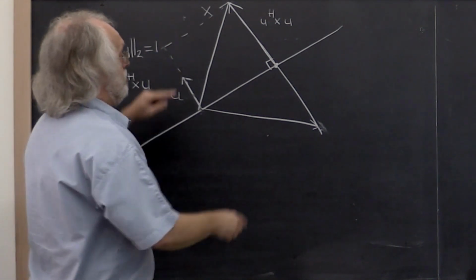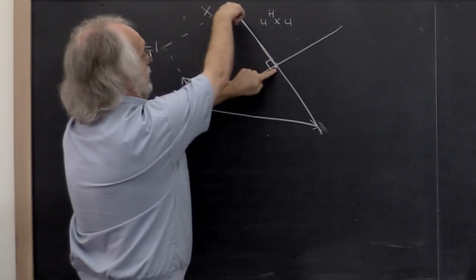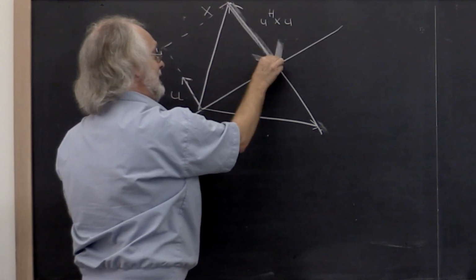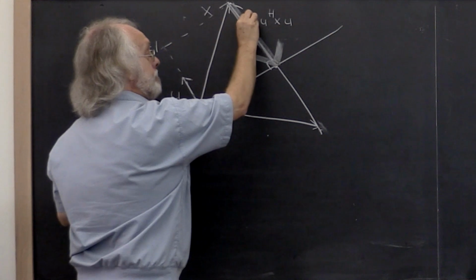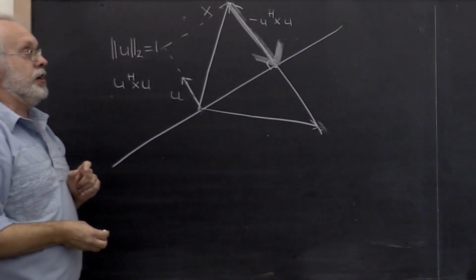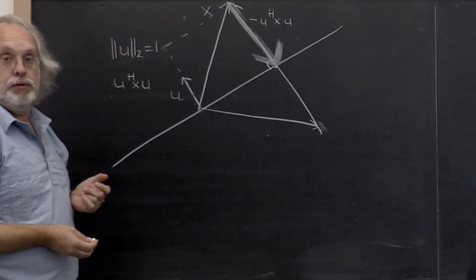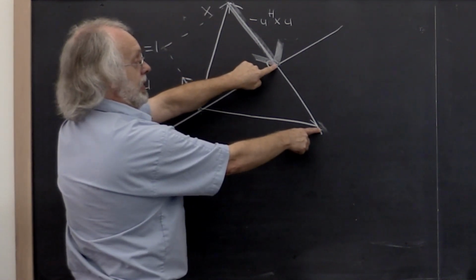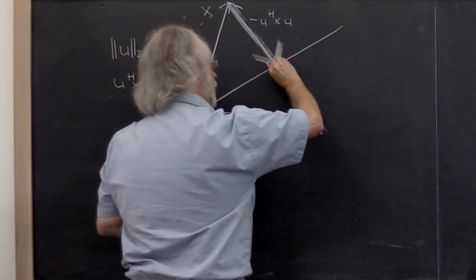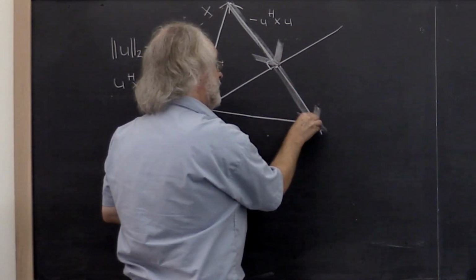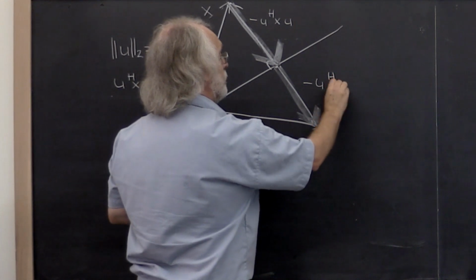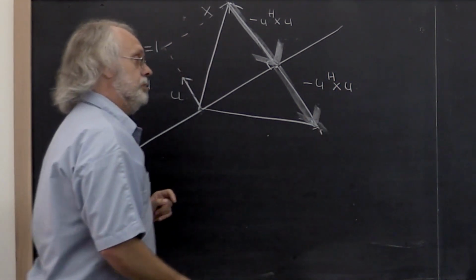And therefore, this vector, but pointed in the opposite direction, is the vector minus dot product of u with x times u. And then this points in exactly the same direction and has the same length, and therefore this vector right here is also minus u dot product with x times u.